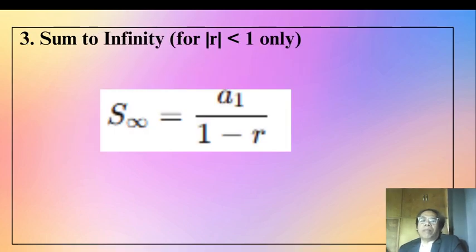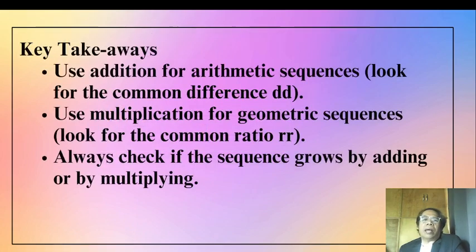And the sum to infinity, for the absolute value of r less than 1 only, is a1/(1 - r).